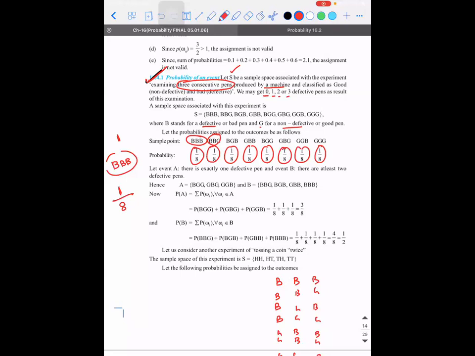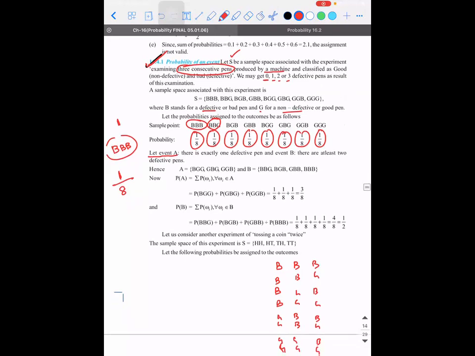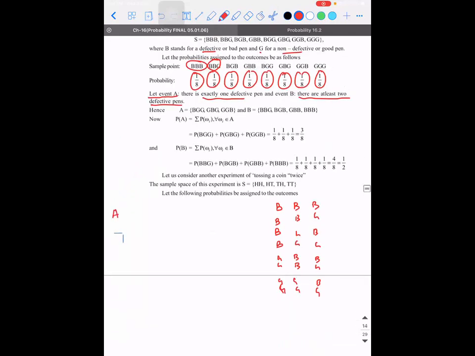Now they are trying to define an event A. Event A is that there is exactly one defective pen, and event B is that there are at least 2 defective pens. Can you tell me the set for event A? Exactly one defective pen: good, good, bad; bad, good, good; good, bad, good.